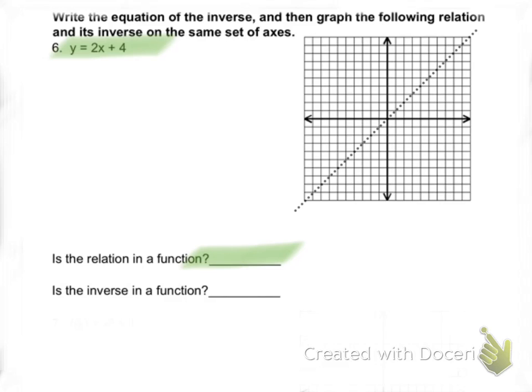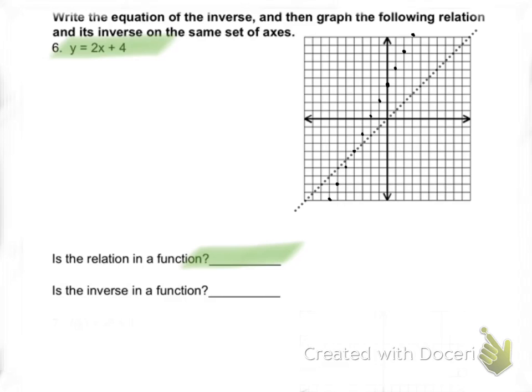Alright, and remember that plus 4 means it's a y-intercept of 4, right there, and a slope of 2. So we're going to count up 2 and over 1, up 2 and over 1, up 2 and over 1, down 2 and over 1, and you can keep stair-stepping as much as you need to be able to draw a nice line. And I want that line to be green since it's the relation.